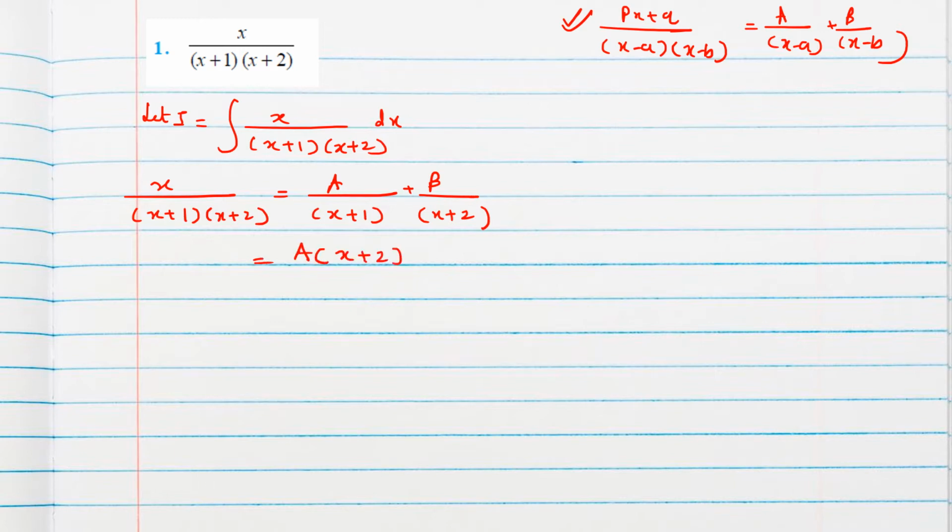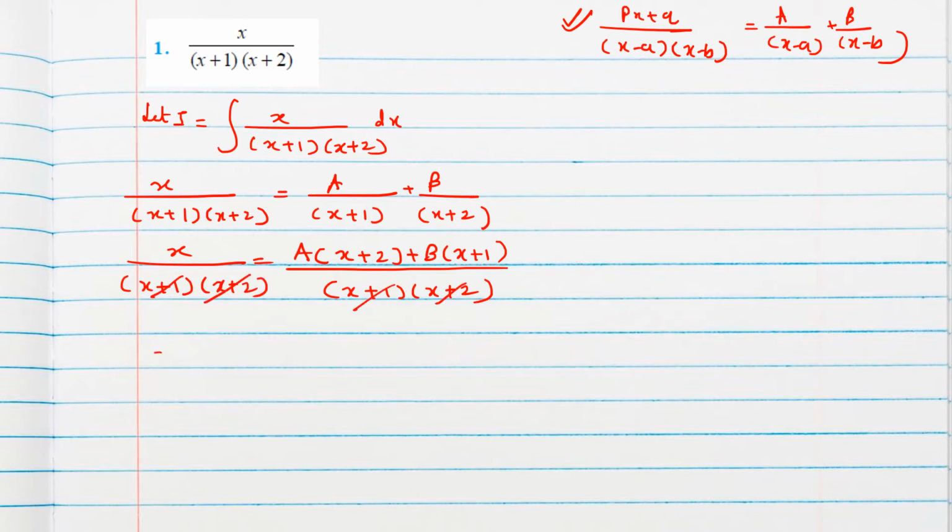Now we can cross multiply or we can take the LCM also. We'll get A into (x plus 2) plus B into (x plus 1) divided by (x plus 1)(x plus 2). So the denominator we can cancel, and we'll be left with x. From A we can open the bracket: Ax plus 2A, Bx plus B. So (A plus B), taking x common, and (2A plus B).